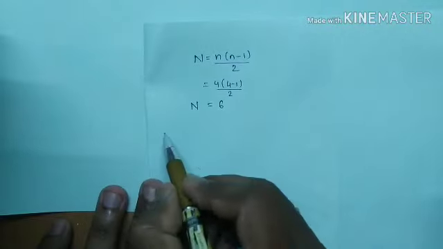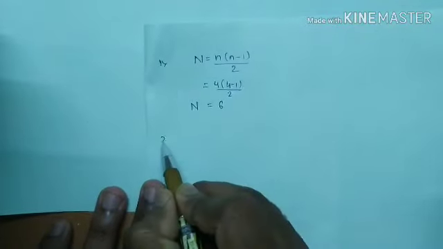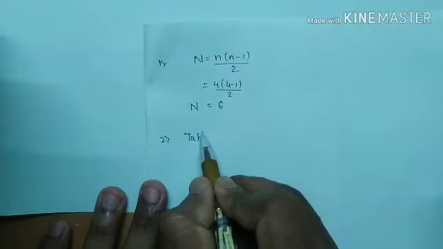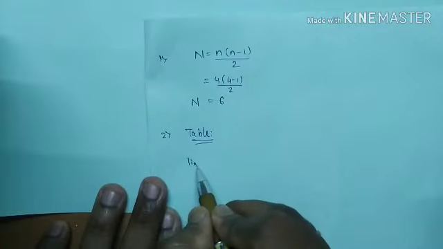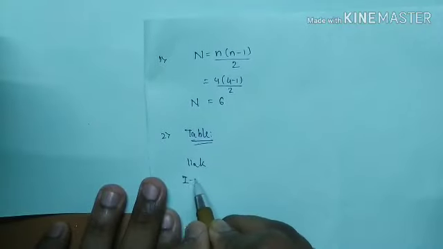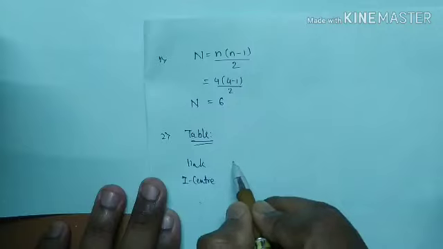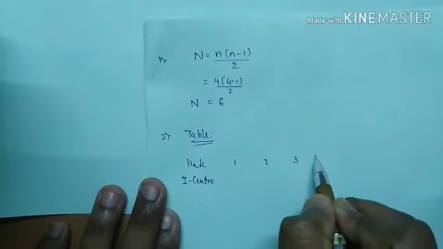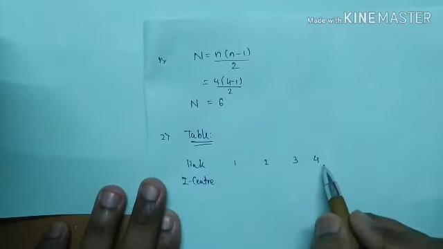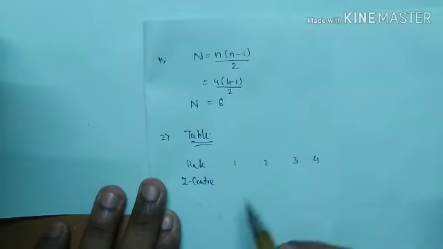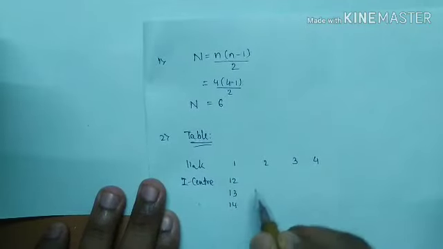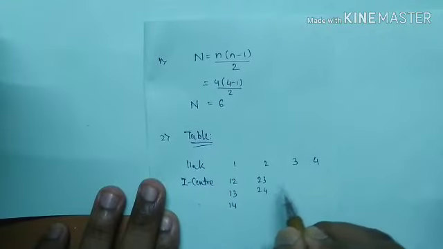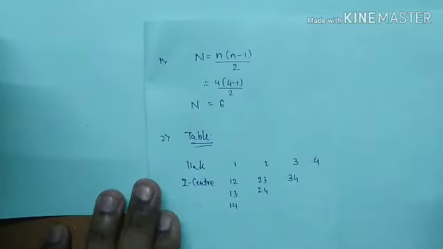Now after that we have to create a table, that is our second step. Always try to create the table such that you get the names of the particular points. Links 1, 2, 3, 4: the number of links you have to note here, and we get the IC centers, that is 12, 13, 14, 23, 24 and lastly 34.